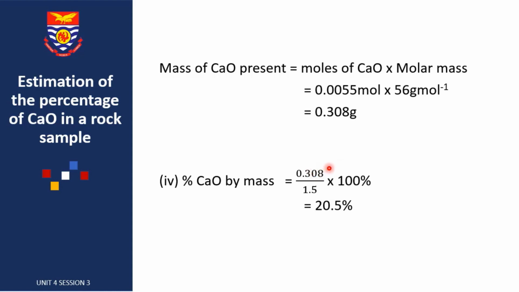That gives us 20.5. So what it means is that about 79.5% was just other substances that was in the rock, and out of it 20.5% was the calcium oxide.